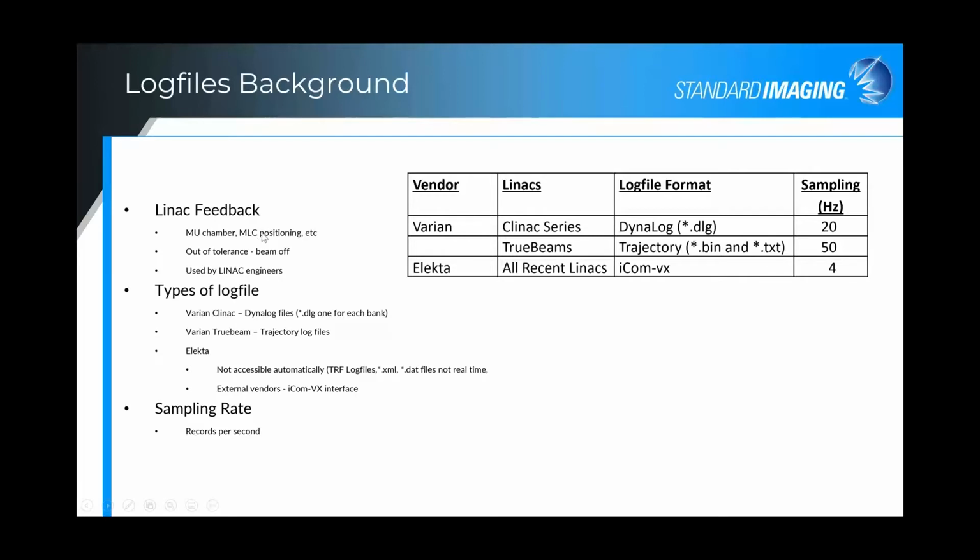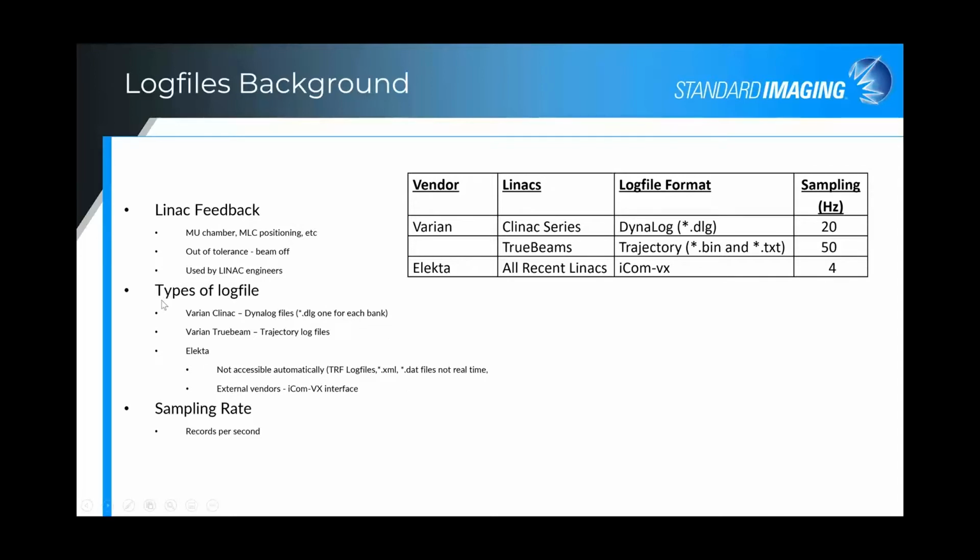If that's for a very short period of time during the plan, for a limited number of leaves, that's not going to carry a lot of dosimetric impact. But if it's for multiple leaves for a large portion of the plan, then you are going to see dosimetric impact. So it's a great tool and provides some real interesting information, and hopefully I'll be able to share that with you a bit later.